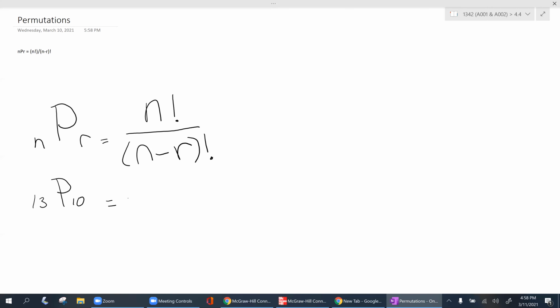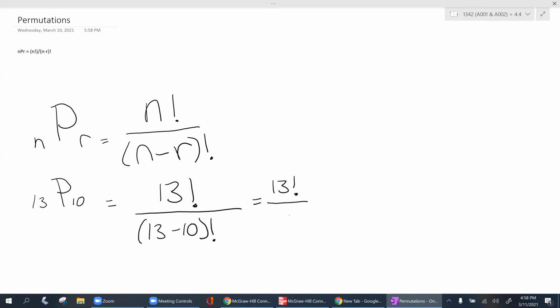Then my n was 13, so this is 13 factorial over 13 minus 10 factorial. So this is 13 factorial over 13 minus 10, that is 3. So that's going to be 3 factorial, meaning you can cancel these out, or you can just plug the top and the bottom in.